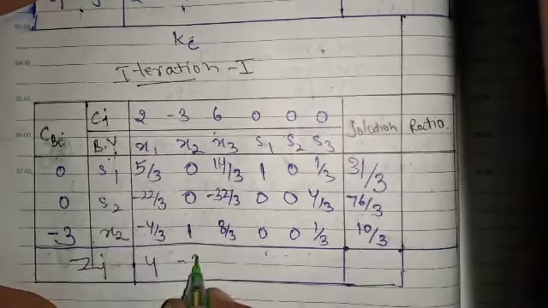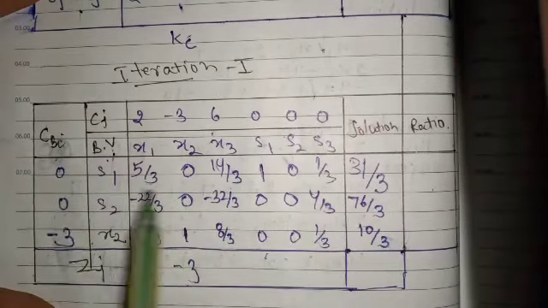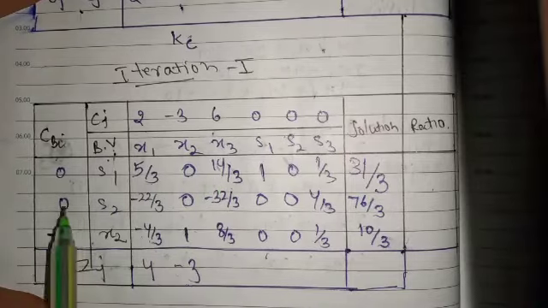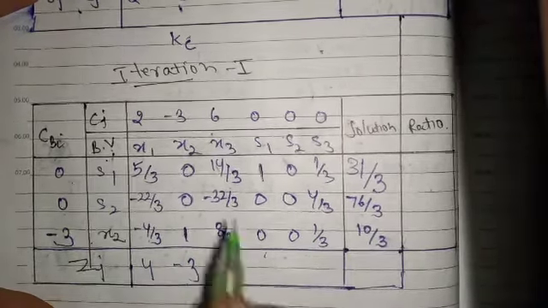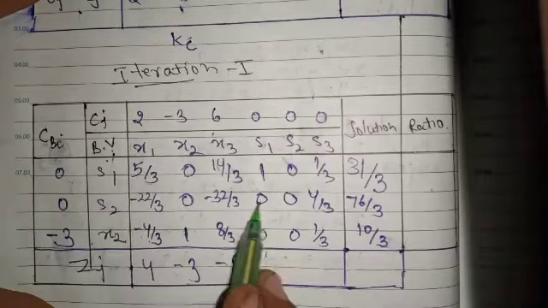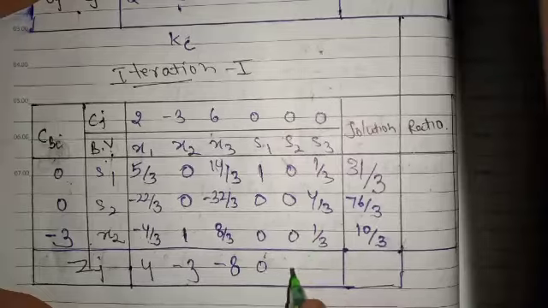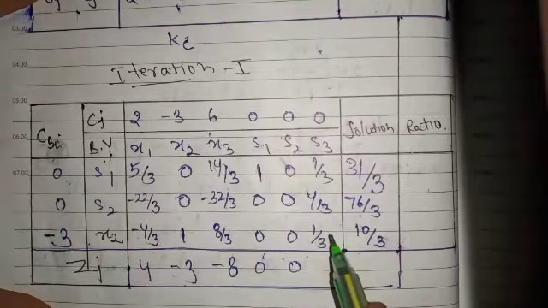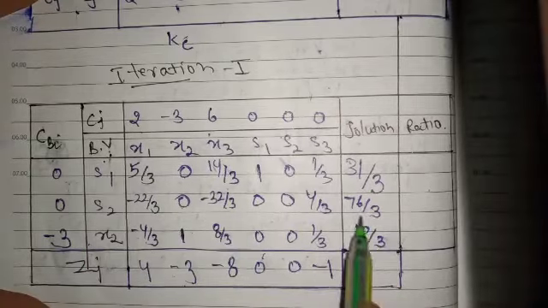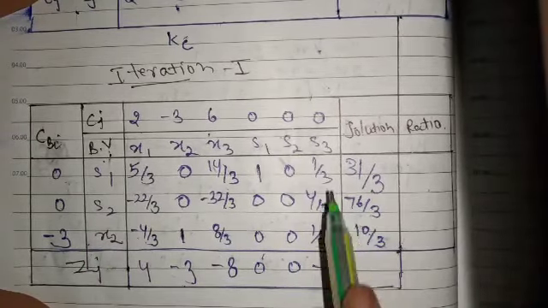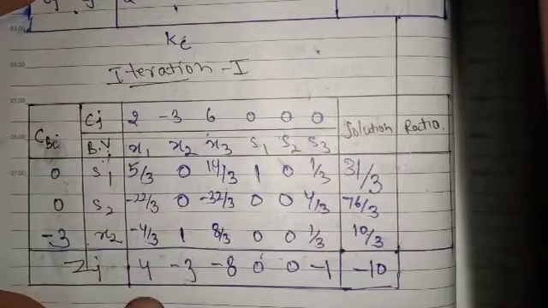The solution is -3, and this is done for all these elements, this into this plus this into this plus this into this. The solution is -8. And for this, 0, and this one is -1, and this plus this, the result is -10. So this value is Zj.